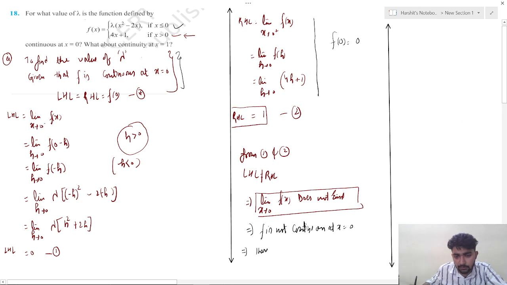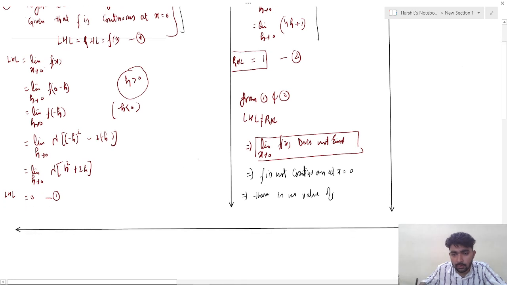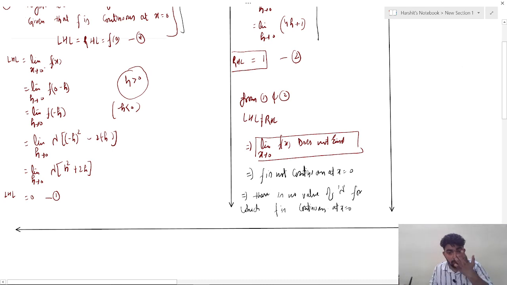There is no value of lambda for which f is continuous at x equal to 0.